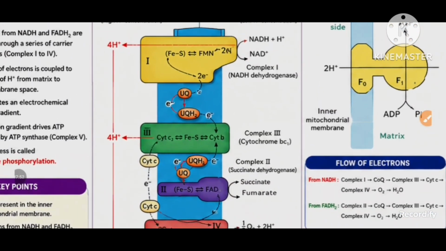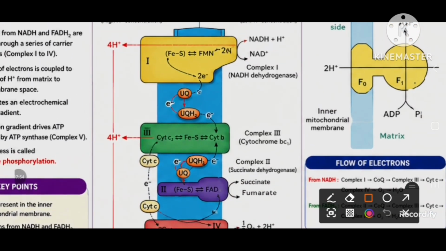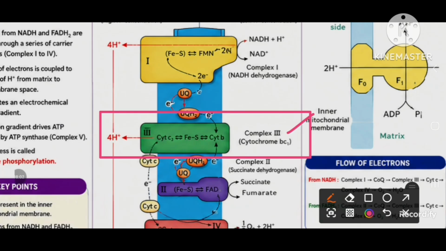Remember, complex number 3 mainly carries the electrons, and it is also known as cytochrome BC1, because complex number 3 contains mainly 3 electron carriers: the cytochrome B, FeS, and cytochrome C1.